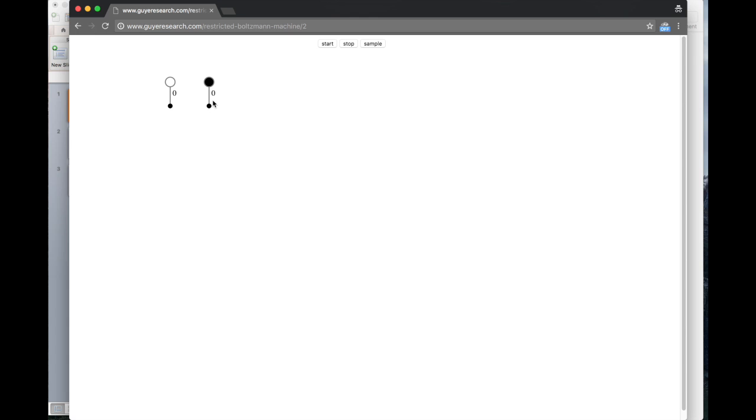What really controls the probability of the stochastic unit is the weight of the edges between the bias neurons and the stochastic neurons. So to understand how the weight could control the probability, we first need to define an energy function for this system.